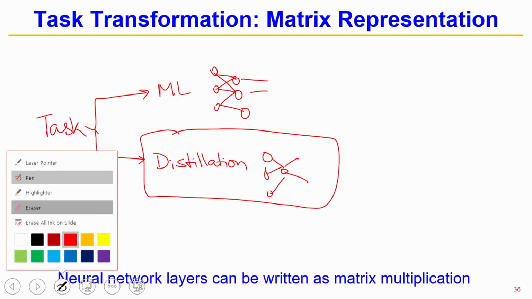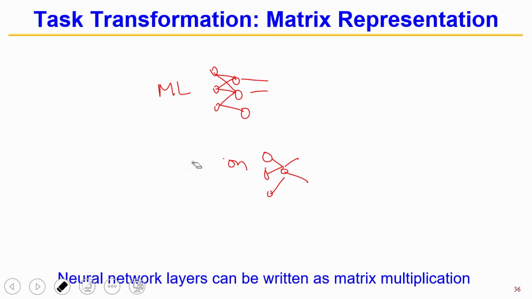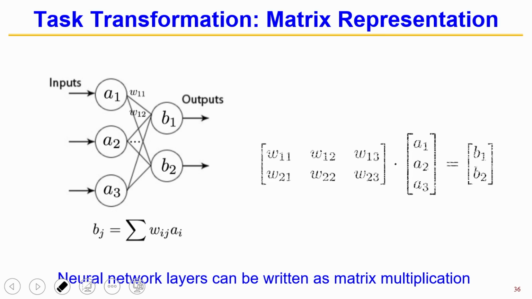So, in that context, it boils down to you still have a bunch of nodes with different weights, and you are computing the weights with that particular edge if that edge exists.